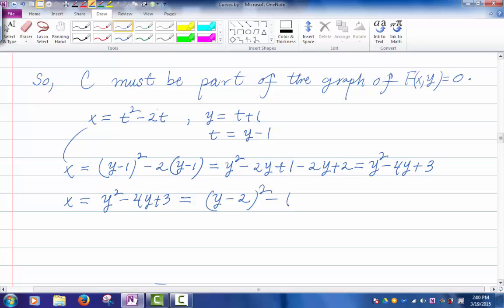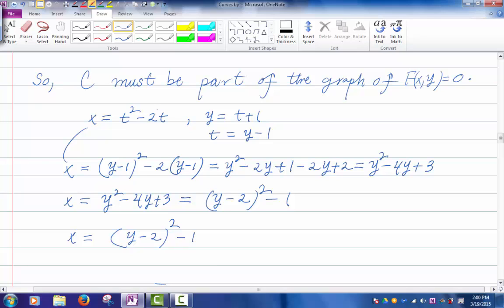I showed you how to complete the square before, so I'm not going to do it here, but if you complete the square, you will see that you get (y minus 2) squared minus 1. Don't worry about how you obtain that right now. Just complete the square, that's what you get. And so what I have is that x is equal to (y minus 2) squared minus 1.